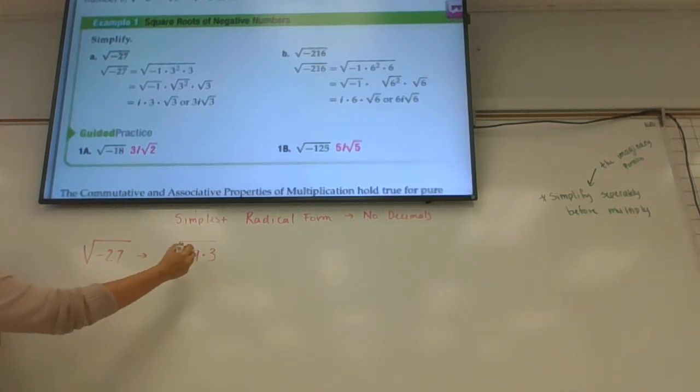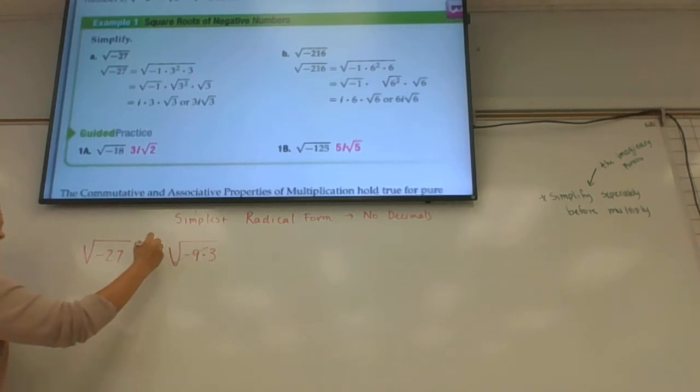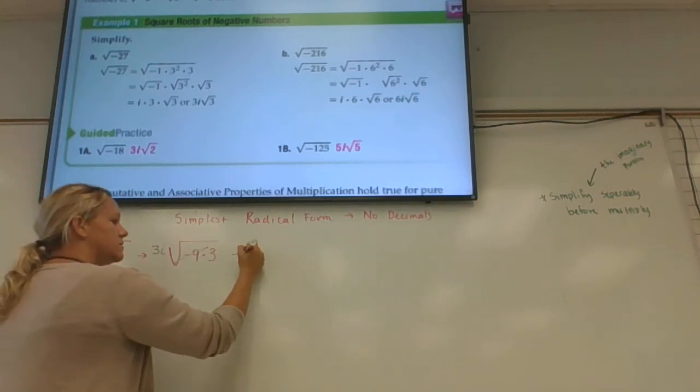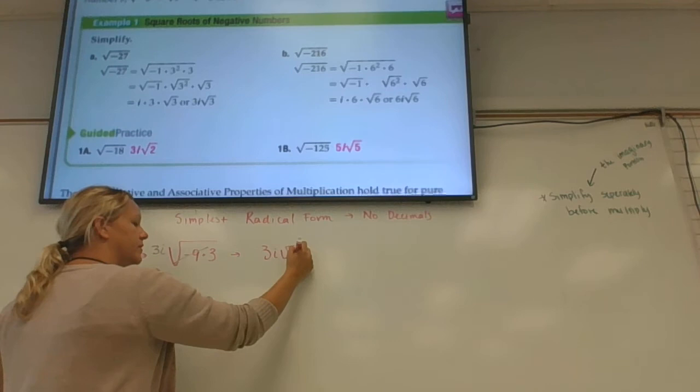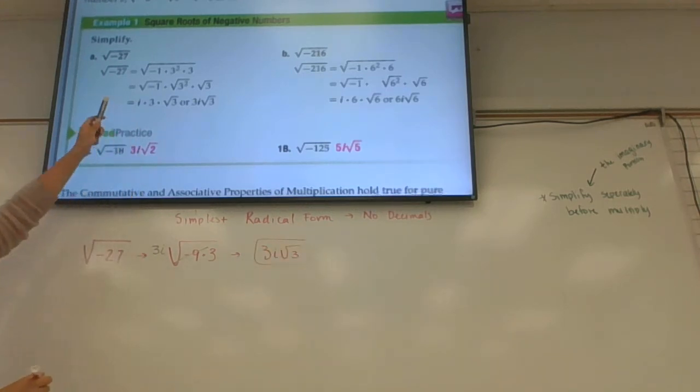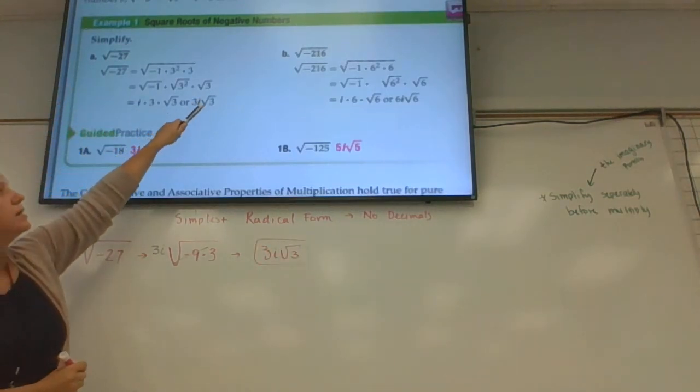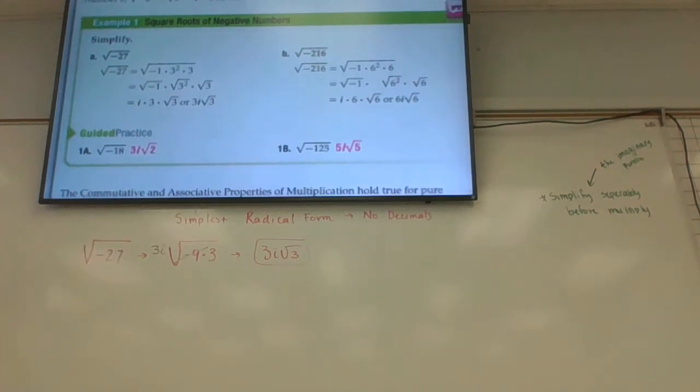And the square root of 9 is 3, so I square root it and I put it on the outside. And since it was negative, I put an i with it. So the result, 3i square root of 3. So the same thing they did here. They just broke it down a lot longer.